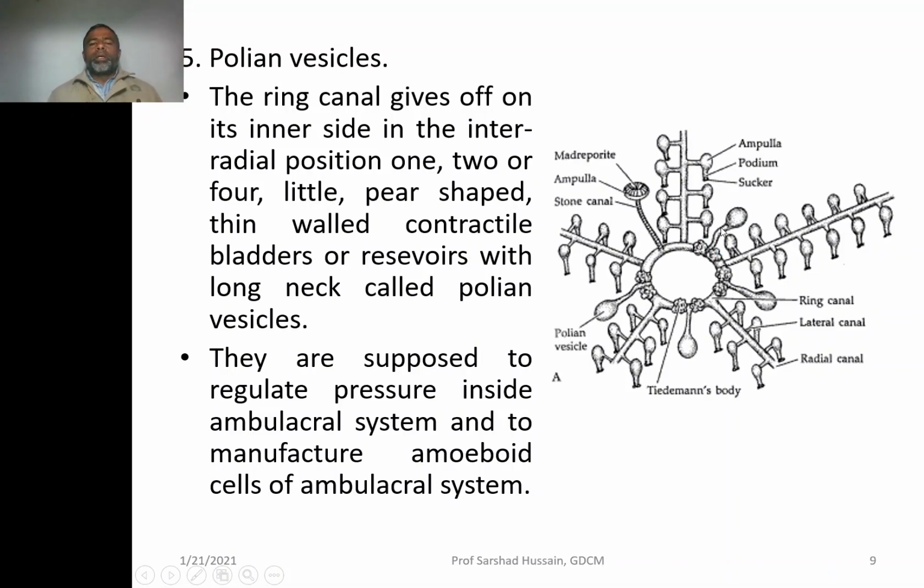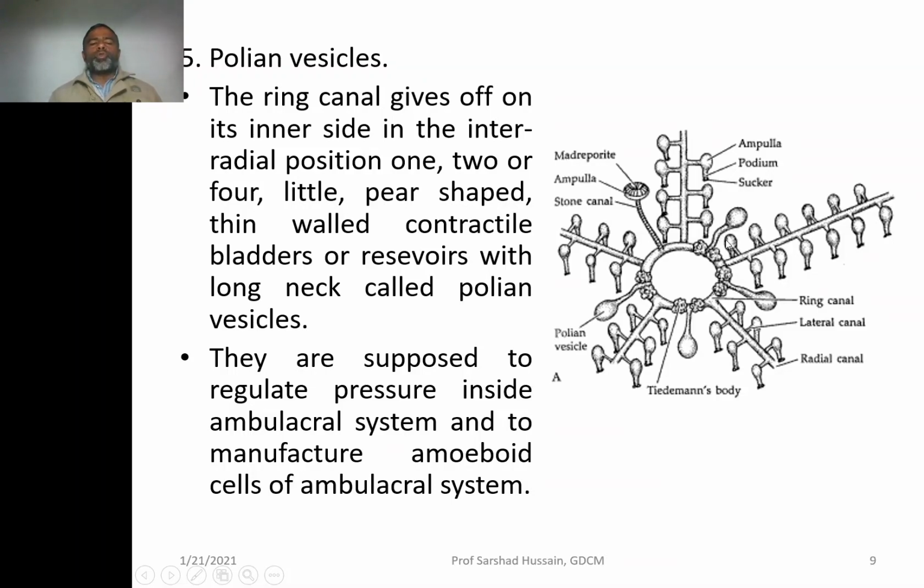They may be two or four, little pear shaped and thin walled. They are contractile also; they can contract like a bladder or reservoir, and they have a neck.